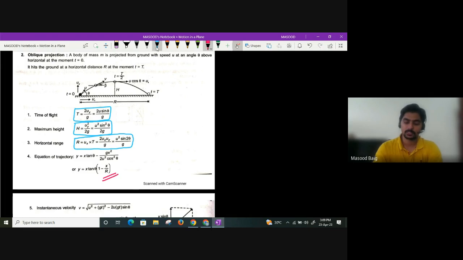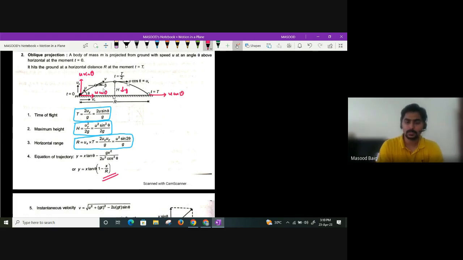Now if you look at this, during the entire motion, the object will be moving only under the effect of gravity. If I resolve the velocity into two components, I get u cos theta in the horizontal direction and u sine theta in the vertical direction. Is there any acceleration in the x direction? No acceleration in the x direction. So at every point, the horizontal component of velocity will remain the same.